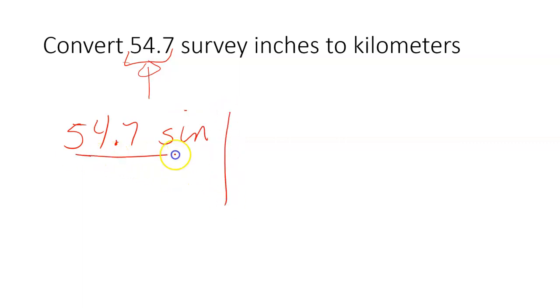And to do the conversion, the way I was shown when I was younger was something like this. Because I have survey inches, I need to convert from survey inches to something else. In my case, because we want to go to kilometers, I probably just go to meters, right? And the question is, what is the relationship between meters and survey inches?